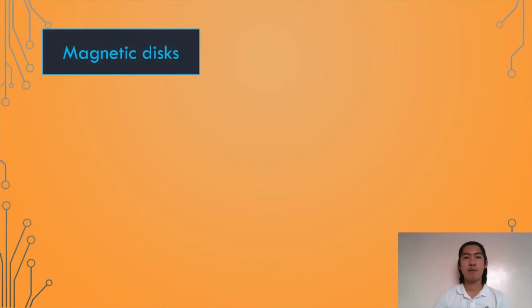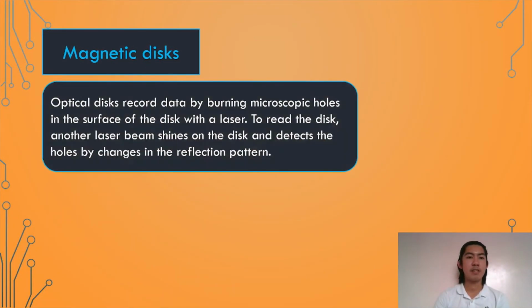Next type of this is the optical disk. Optical disk record data by burning microscopic holes in the surface of a disk with a laser.